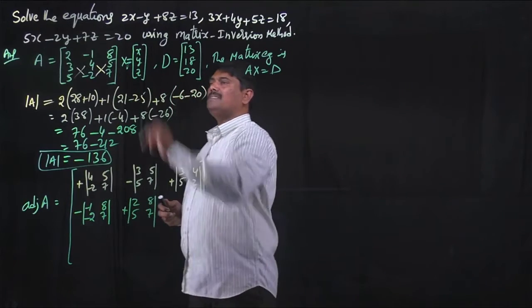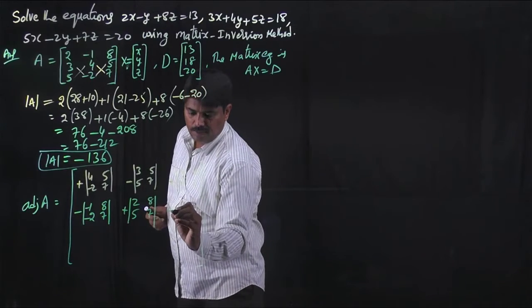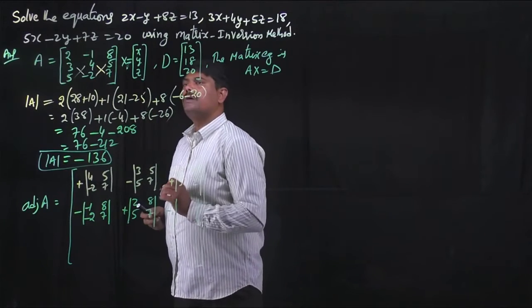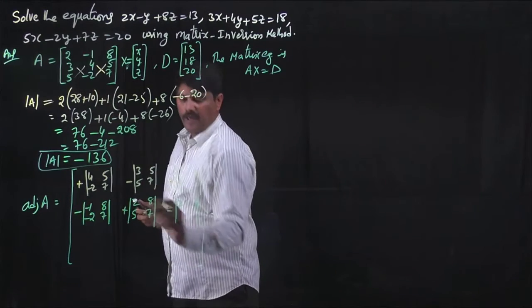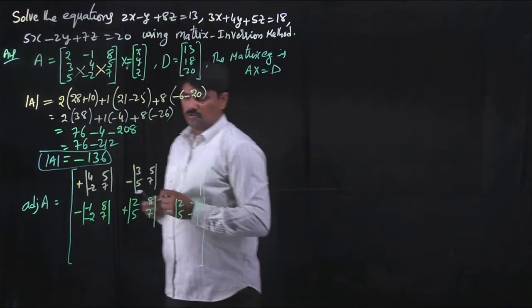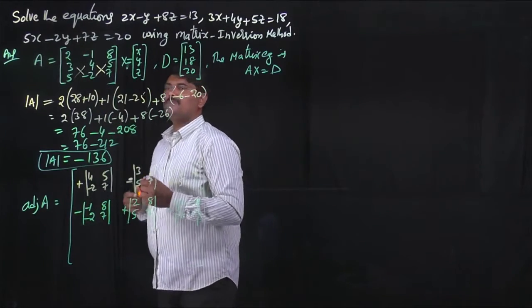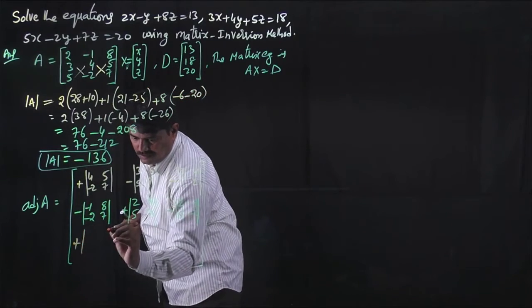The next element, second row third element 5, has a negative cofactor sign; its minor is 2, minus 1, 5, minus 2. Now the third row, first element 5, positive cofactor sign.